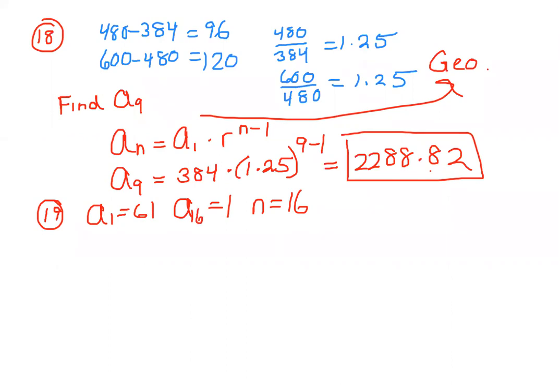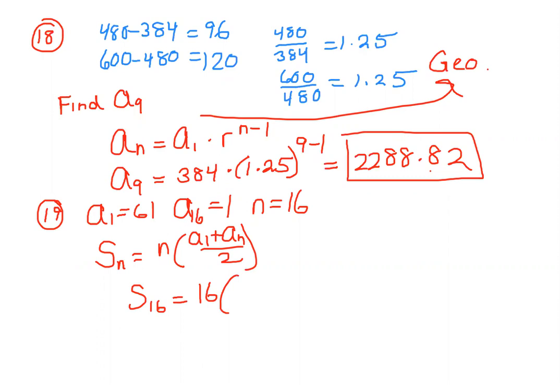So we want to find the total number of cups. So that's telling us that we're looking for a sum. And since it's arithmetic, we're going to use this. So in this case, that would be 16 times the first plus the last over 2. And this gives you 496 cups for the total amount.